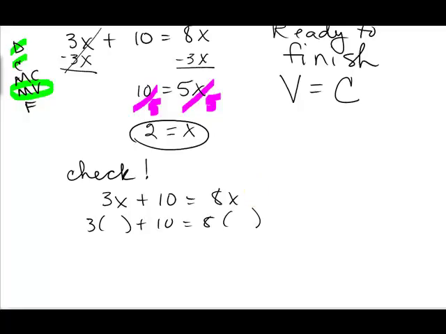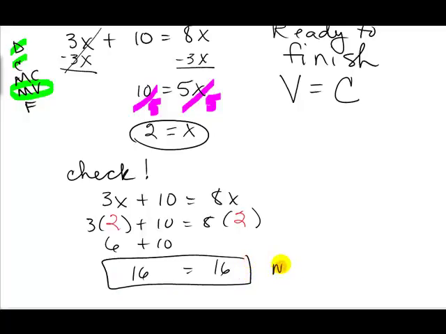So we're saying here that X is 2. Multiply, add. Over here we just multiply. And when these two numbers match, then we know that this answer is correct.